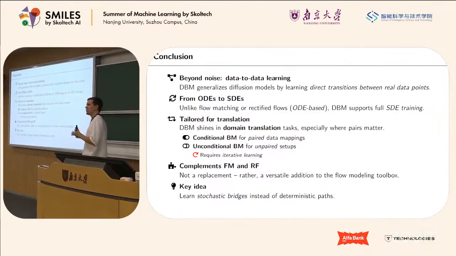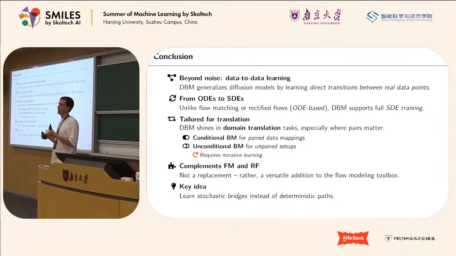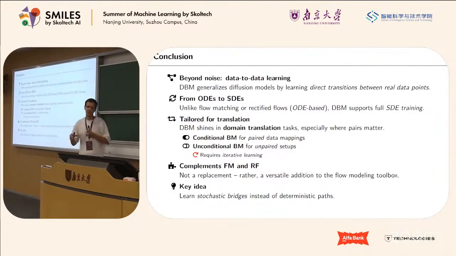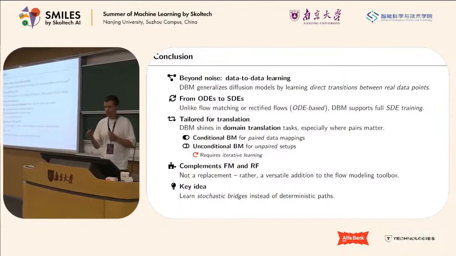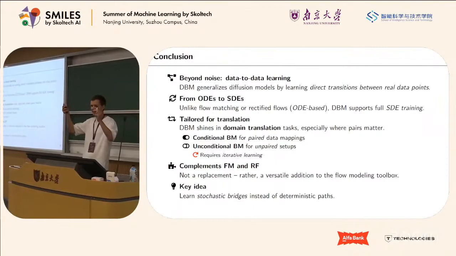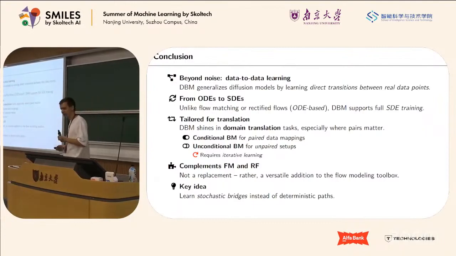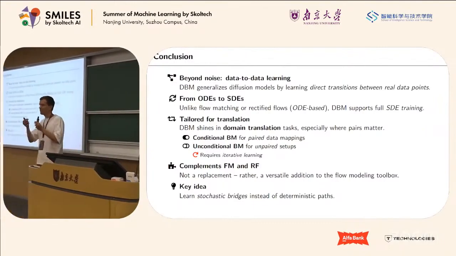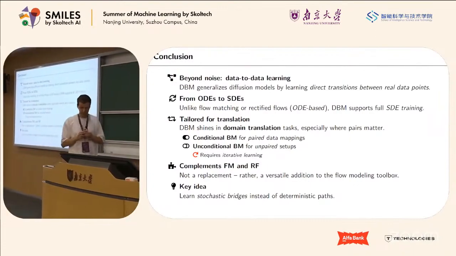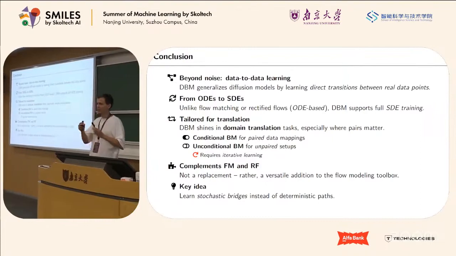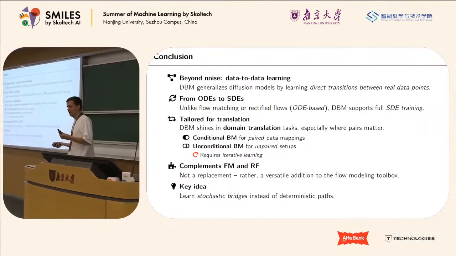However, if you try to apply flow matching to some data translation problems, domain translation problems, in many cases there will be no source of noise, because you just have data and other data, and you need to do some generation. If you try to apply flow matching, for example, to the unpaired case and so on, it will not work. Usually, flow matching just does not work well for generative models for data translation problems.